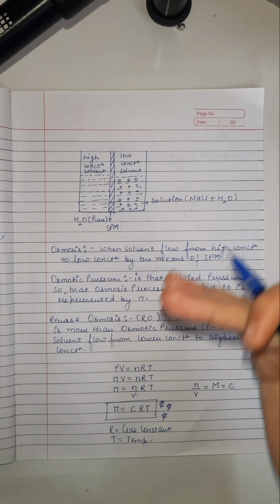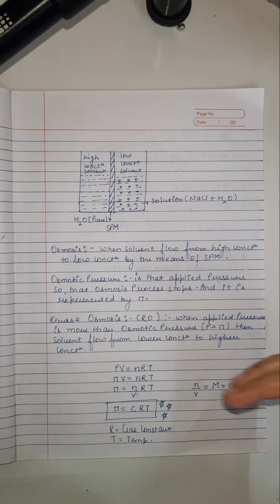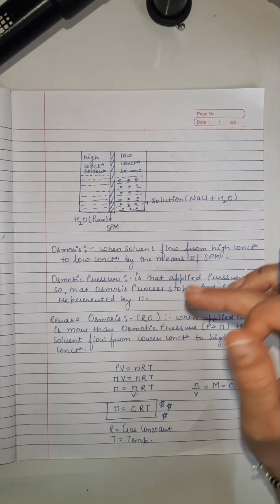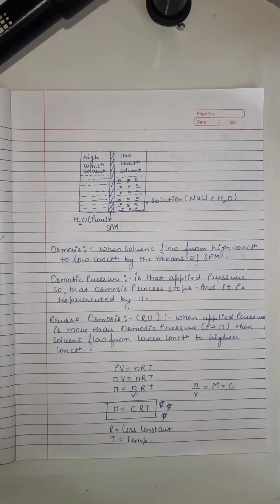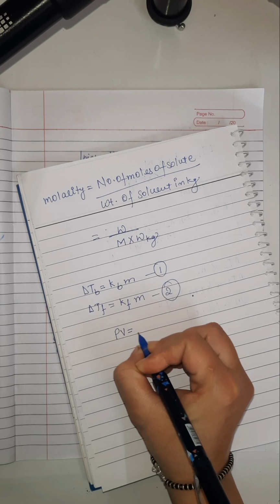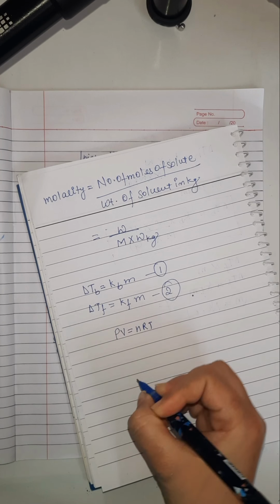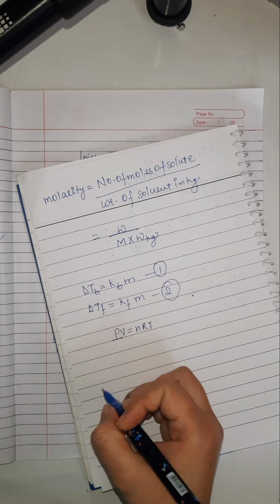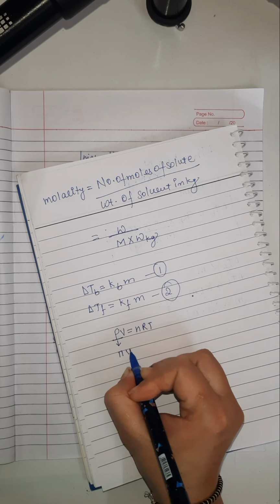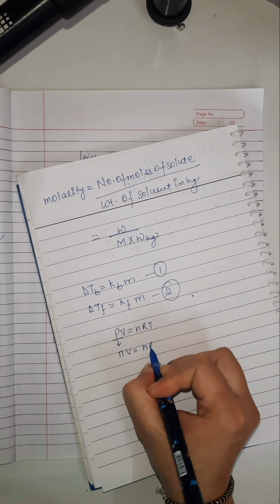For this, we will use the ideal gas equation because we can compare a dilute solution with the ideal gas equation. So what is the ideal gas equation? The ideal gas equation is PV is equal to nRT. In case of osmotic pressure, pressure is represented by pi. Pi V is equal to nRT.